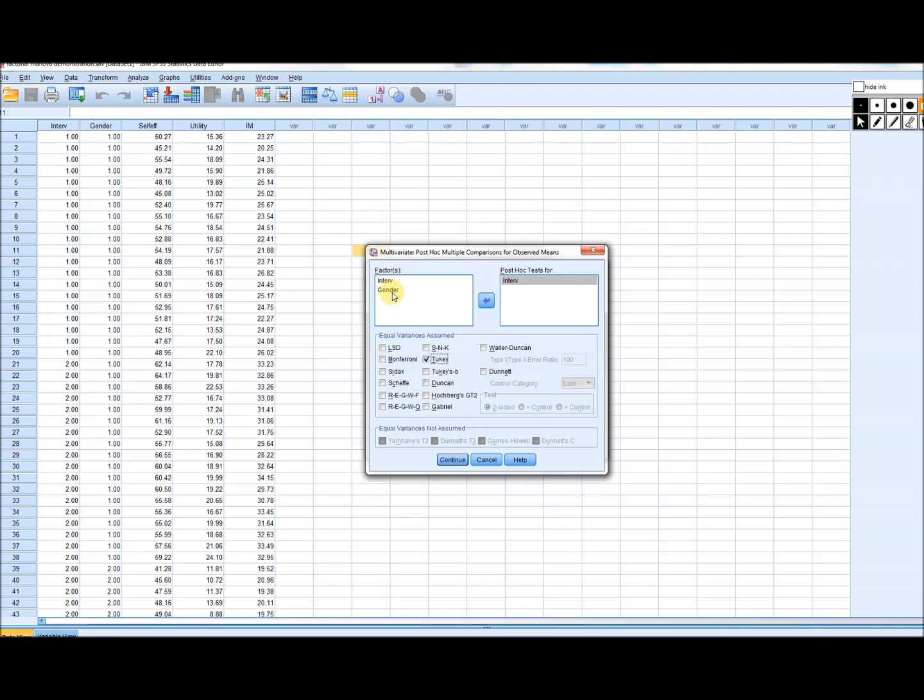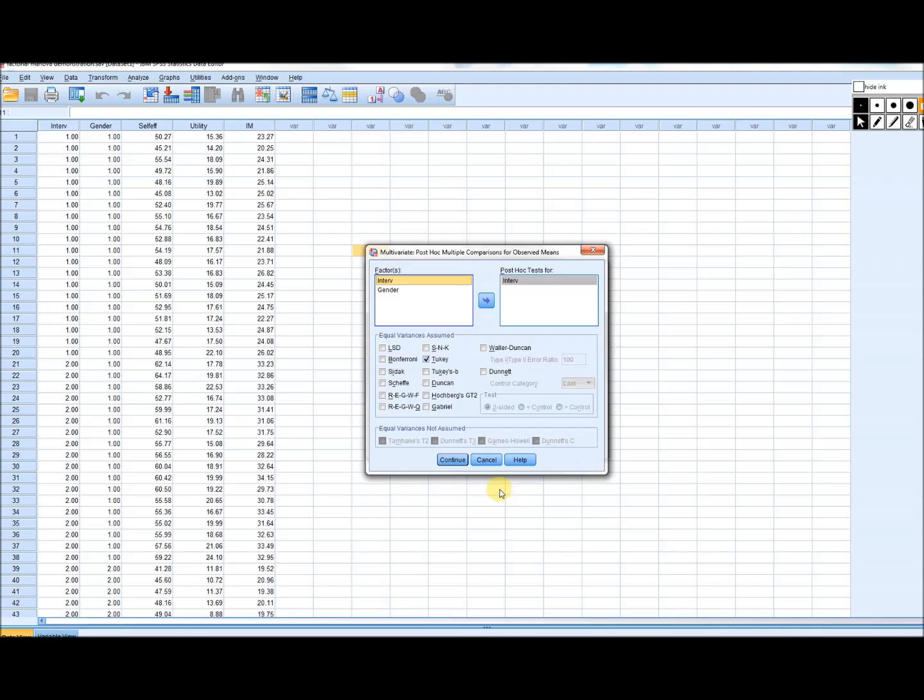It doesn't make any sense to move gender over here because there are only two levels of gender, and so if the univariate ANOVA follow-up is significant, that would obviously mean that males and females are different on the dependent variable. But again, because intervention has three groups, then this might make sense to request post hoc tests.